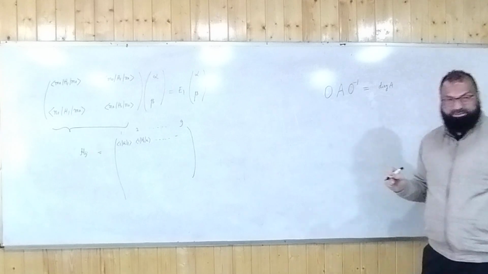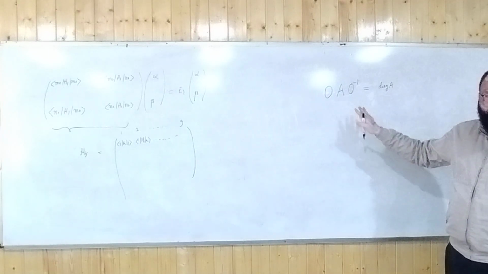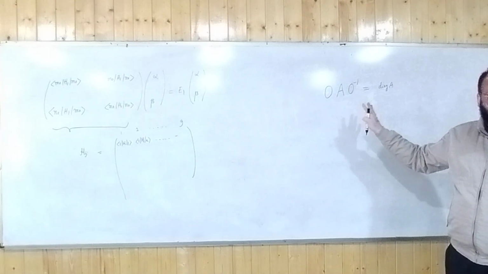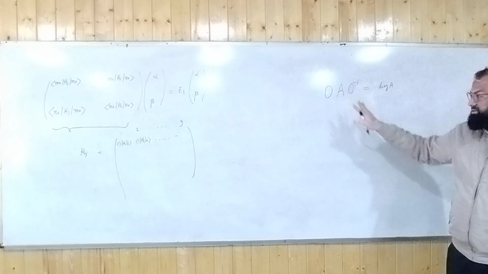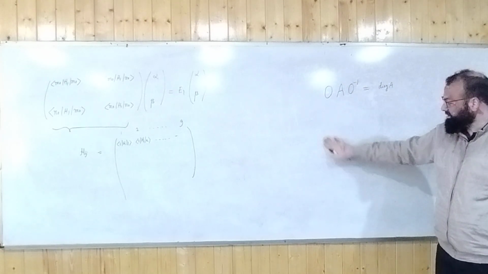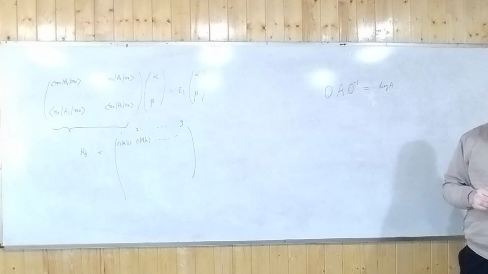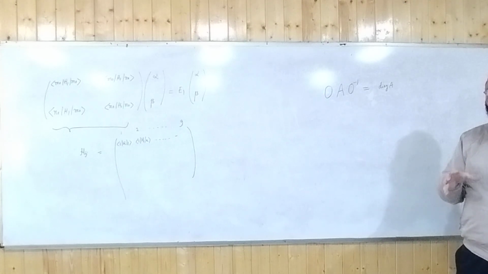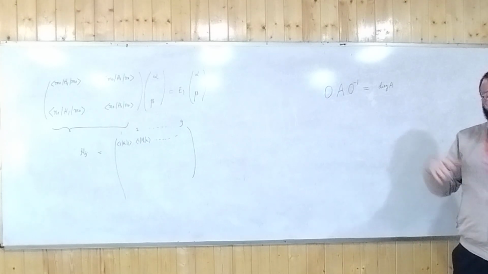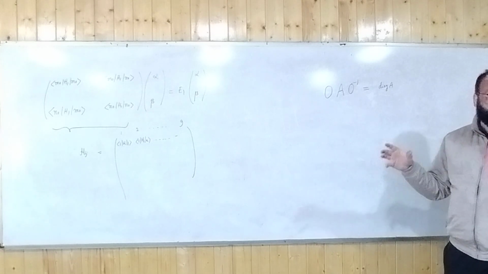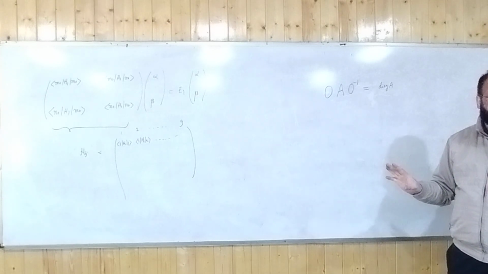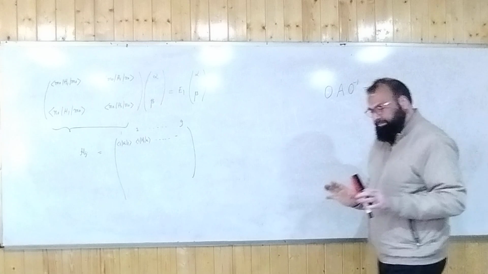Clear? This is a kind of transformation we call a similarity transformation. Similarity transformation means you take one matrix to another matrix, keeping the properties of the matrix the same.